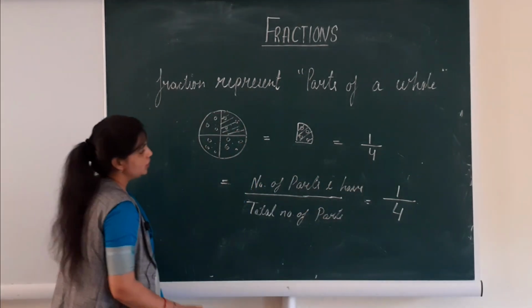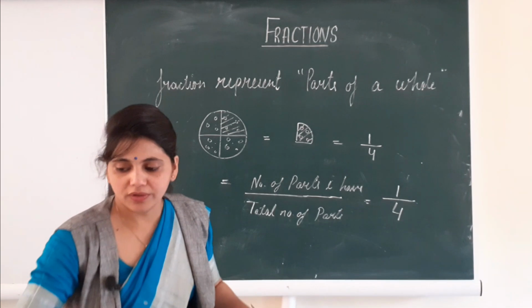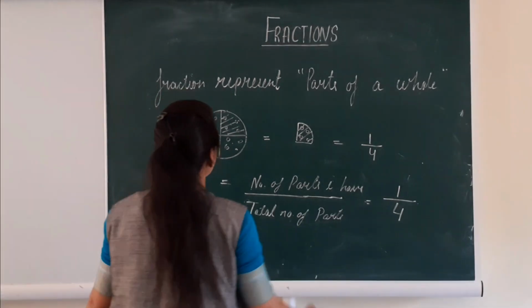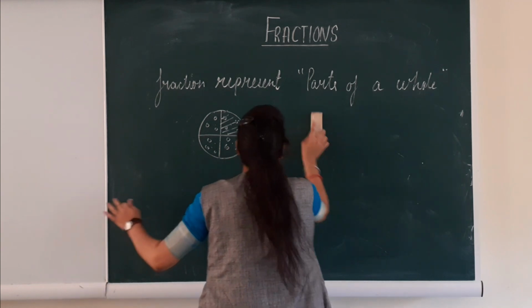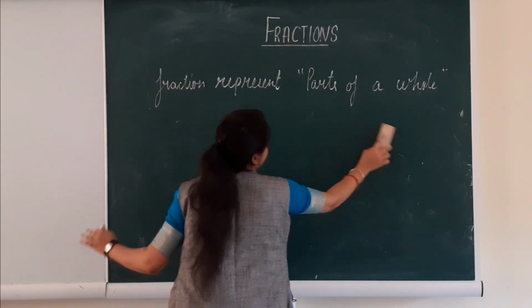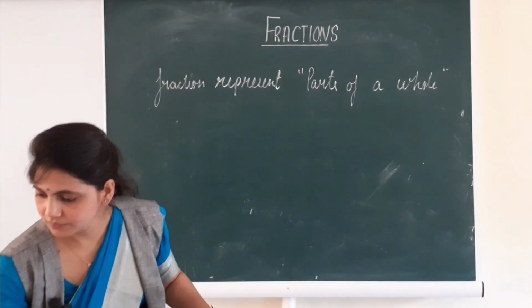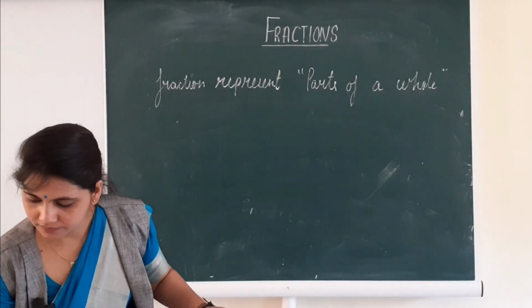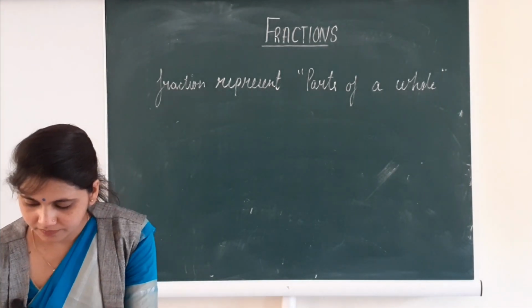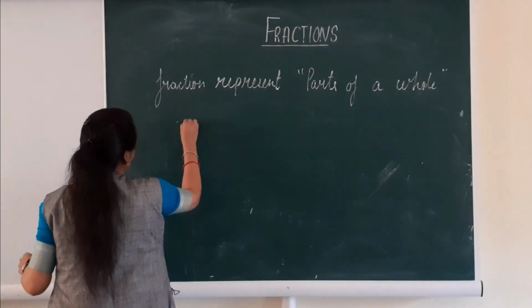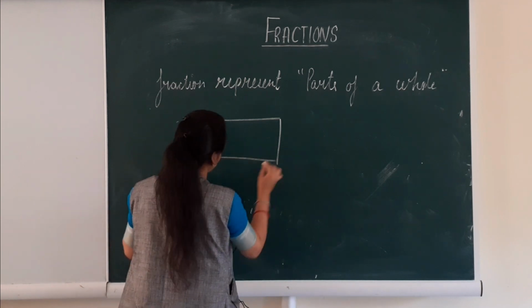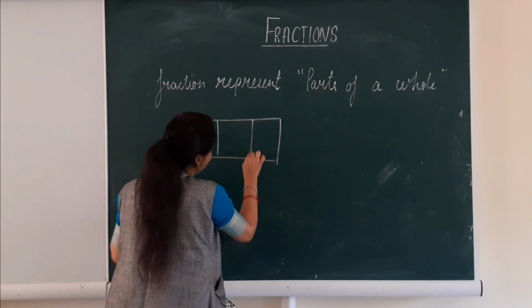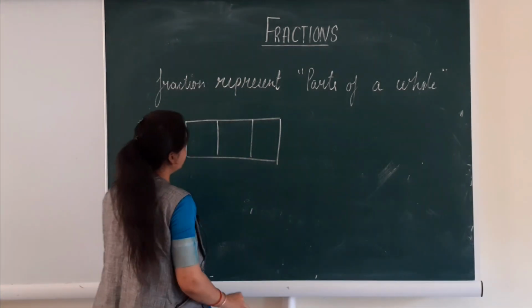Now suppose you have to do it with some example. We'll take an example from our book. This is a rectangle which is divided into 3 equal parts.